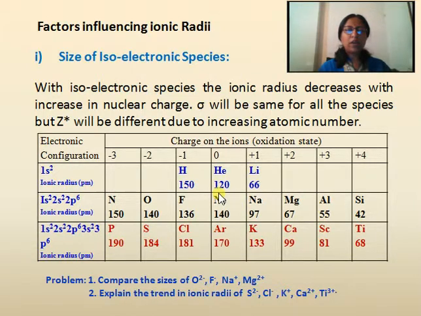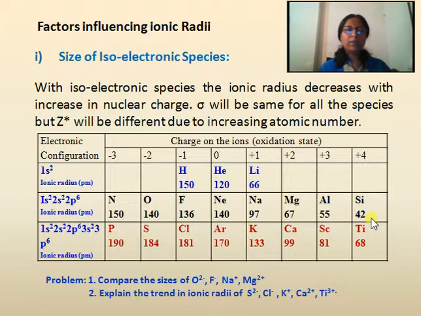We are talking about ionic radii, so we will not consider helium, neon, argon, because we don't get ions for these elements. If we compare here, you see the value is decreasing, and again if we compare here, the value is decreasing. So what is happening here?